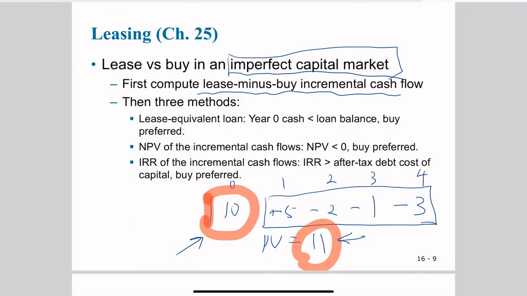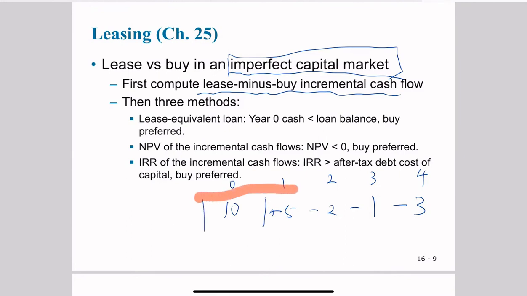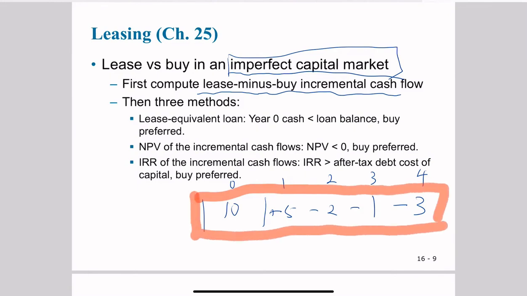And then you could also calculate the net present value of this incremental cash flow, and in this case, you will discount all these cash flows. And let's say in the end you find out NPV is -1. Then in this case, it means buying is preferred.